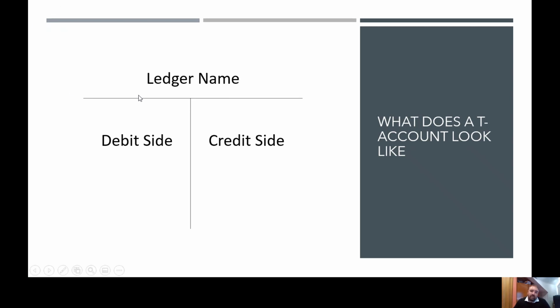Okay, and then your ledger will always have two sides. It will have a left side, which in accounting terms we call the debit side, and a right-hand side, which we call the credit side. That will always be the same. The debit side will be the left, the credit side will be the right.